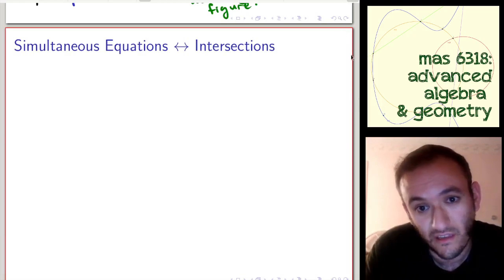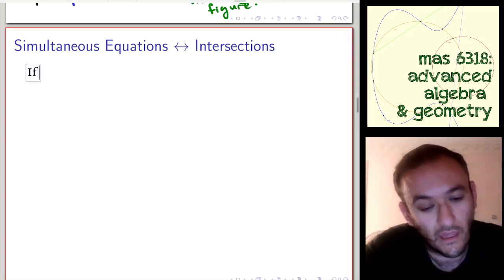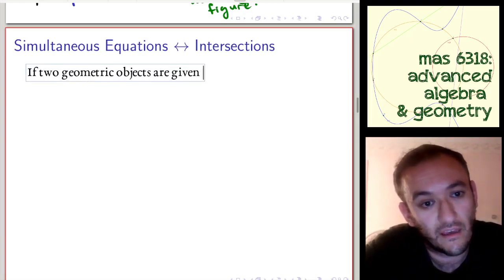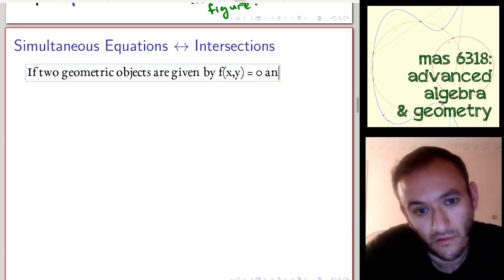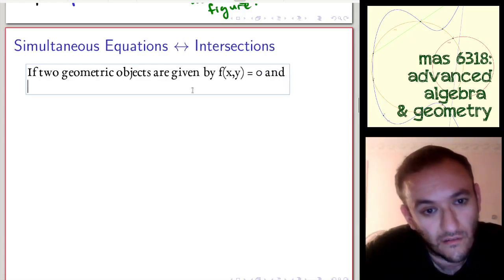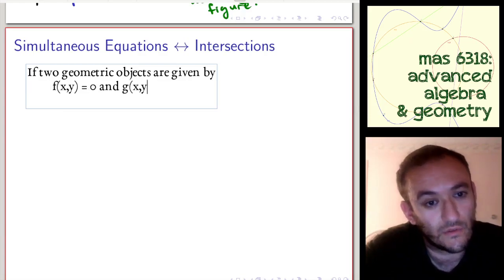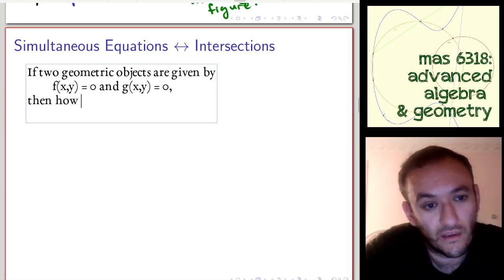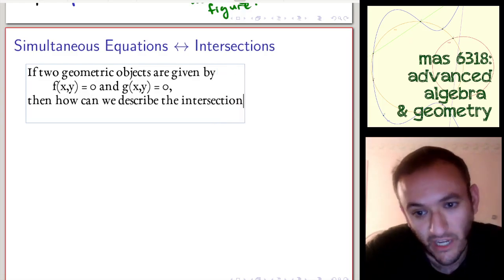Specifically, if two geometric objects are given by f of x, y equals 0 and g of x, y equals 0, then how can we describe the intersection of the objects?